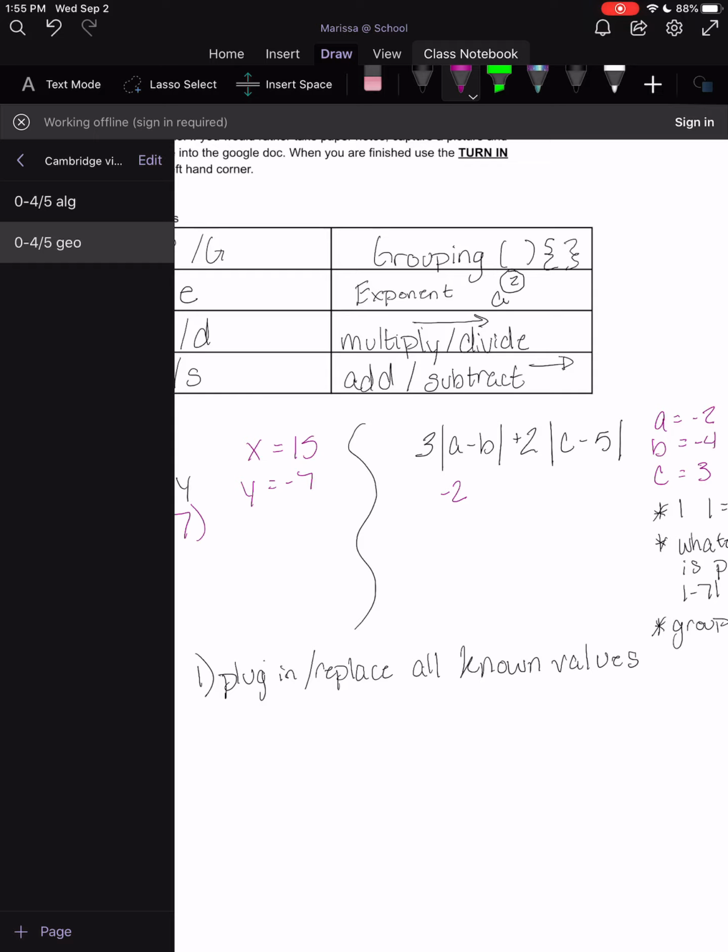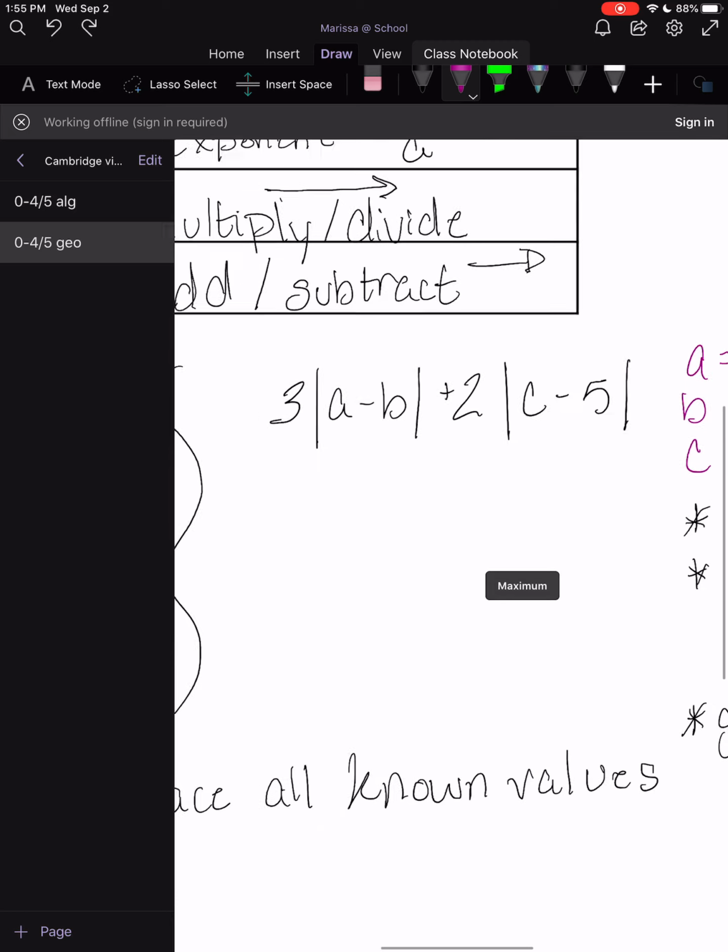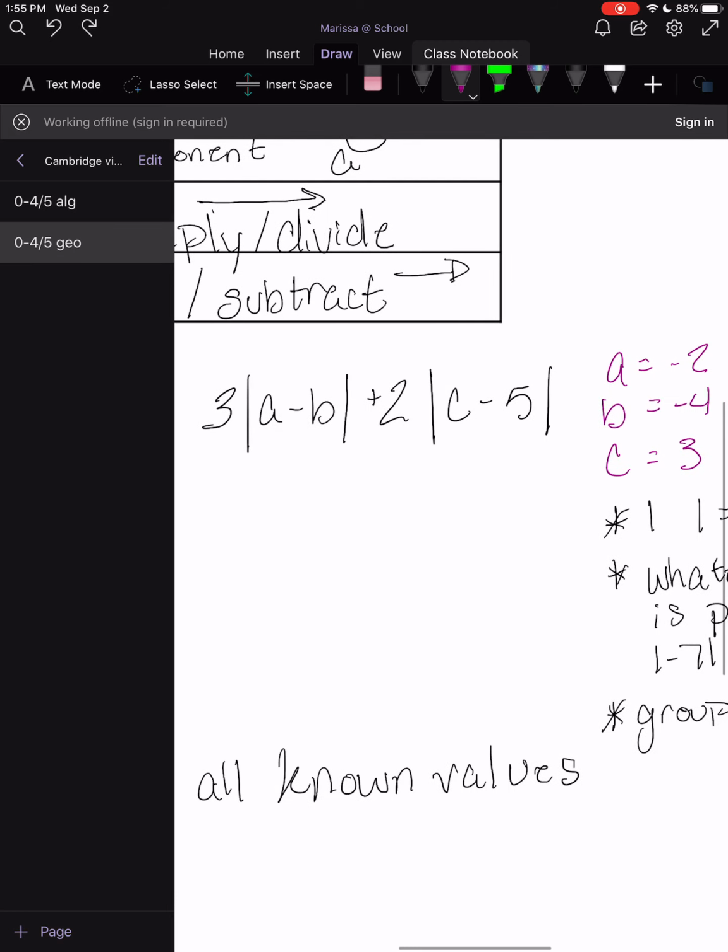I know that b is equal to negative 4. And I'm going to zoom in here a little bit. Remember, I'm going to put these in parentheses. You don't have to. It just helps me to keep everything straight. I know that that is in absolute value signs, and there's a 3 out in front. And then I know that c is 3.